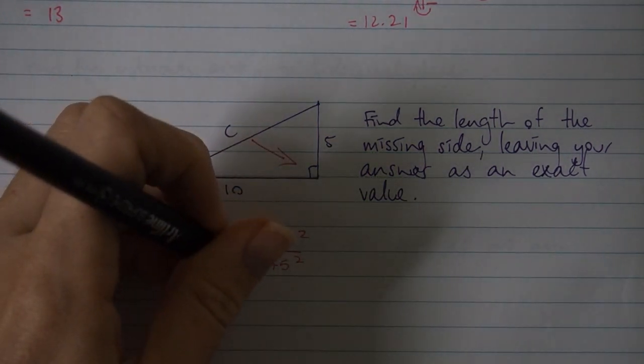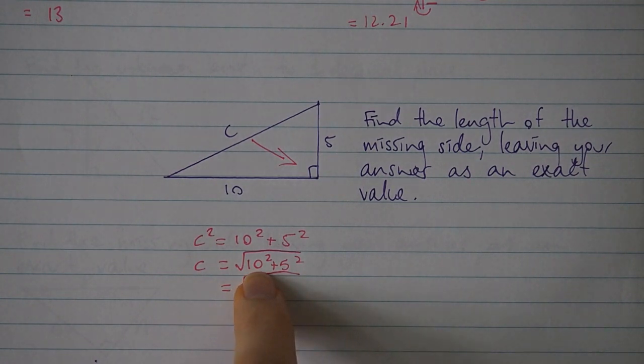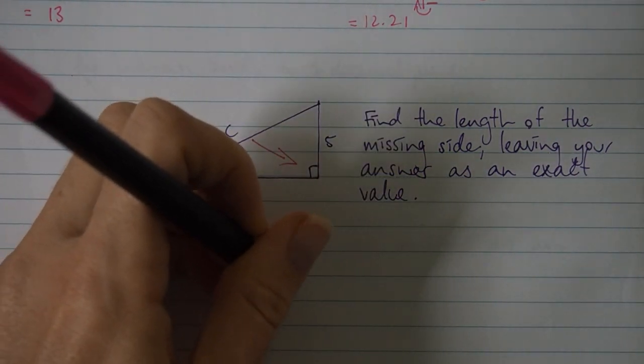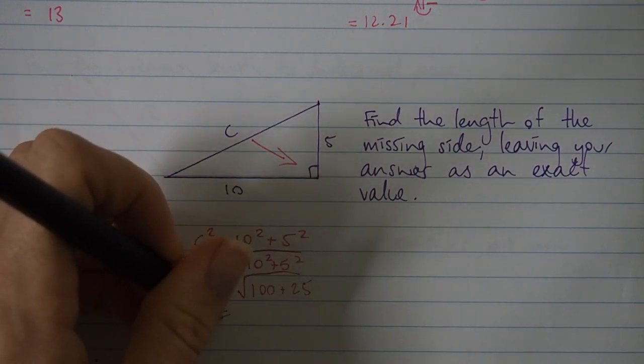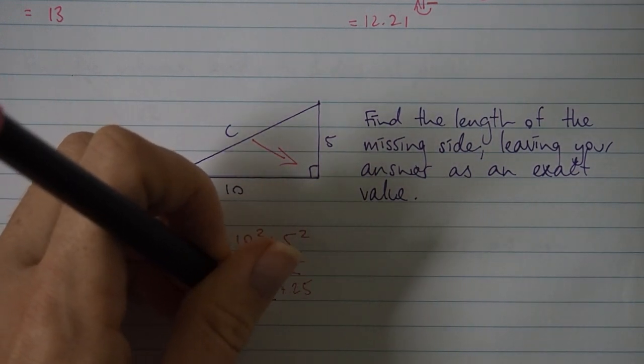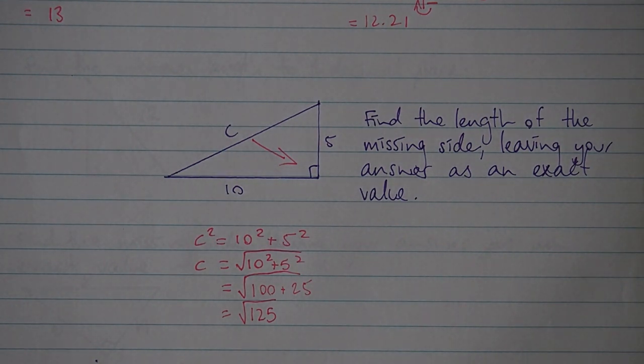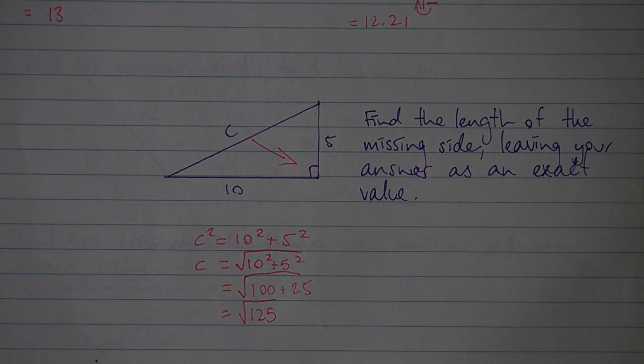So we're going to keep that square root and we're just going to simplify what's underneath it. So we know 10 squared is 100, 5 squared is 25. So c is equal to the square root of 125. Leaving that as a square root is called an exact value.